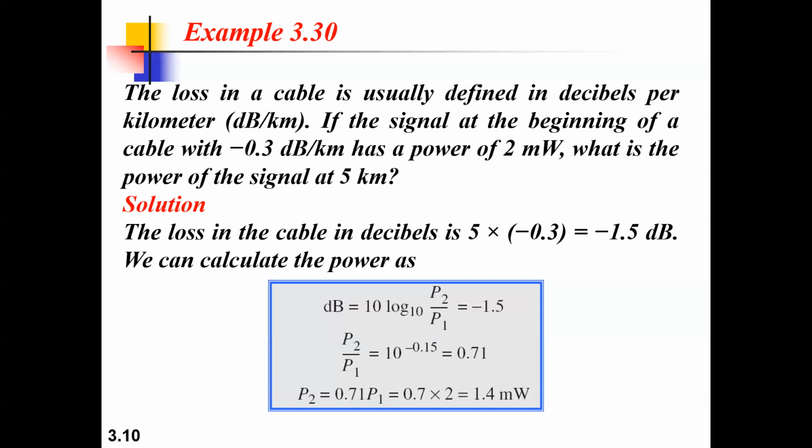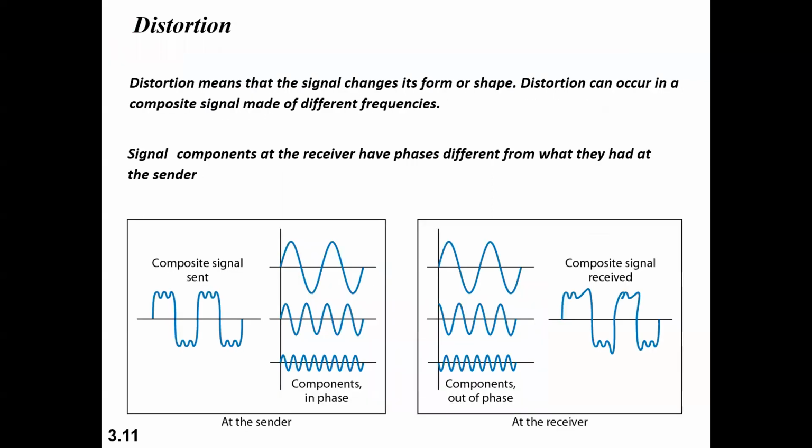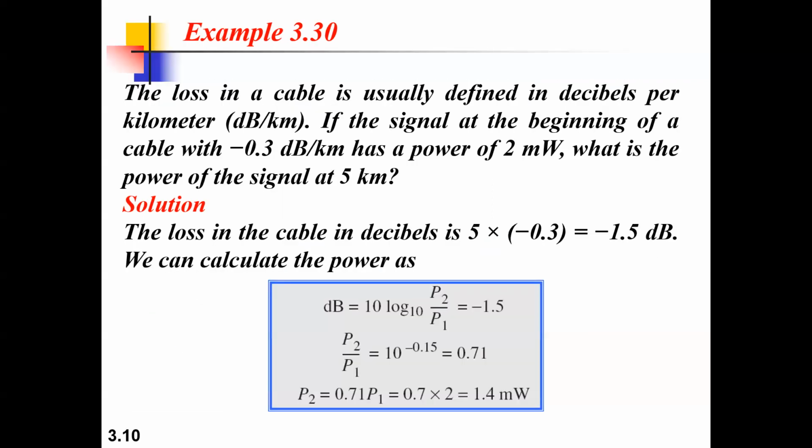That sentence already tells the signal at the beginning of a cable, with that many decibels, has a power of 2 milliwatts. What is the power of the signal at 5 kilometers? Okay. So that's an example of attenuation.